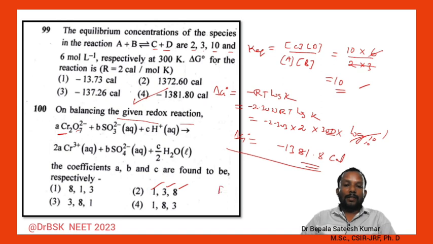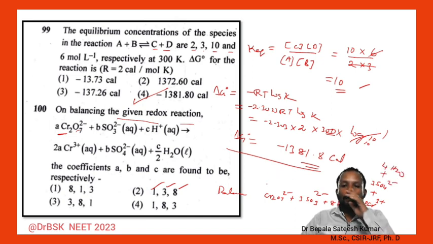So the balanced equation is Cr2O7 2 minus plus 3 SO3 2 minus plus 8H plus gives 2 Cr3 plus plus 3 SO4 2 minus plus 4H2O. So this is the balanced equation. The coefficient here is 1, here the coefficient is 3, and 8. So option B is the correct one.